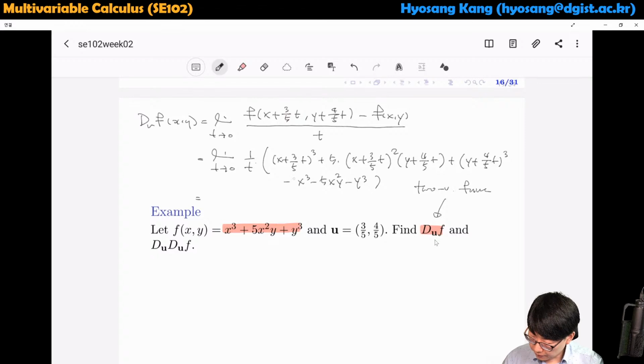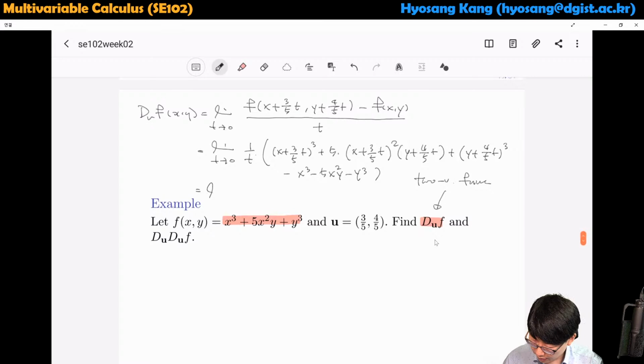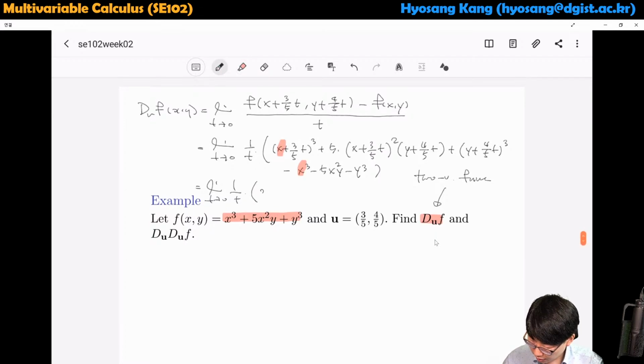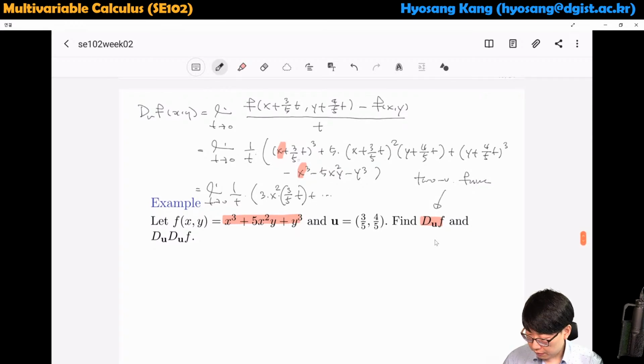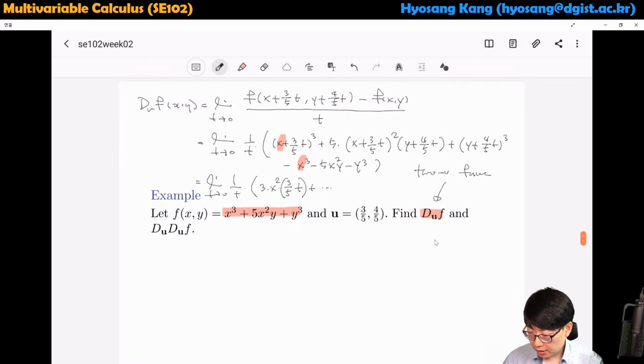So first of all, let's take out these x squared terms. Here we have 1/t, and x squared in here cancels out, and what is left is 3 times x squared y times 3/5 t, and then so on, because the rest of the terms from (x + 3/5 t) squared y contain t squared instead of t.